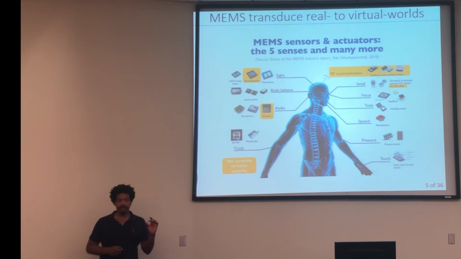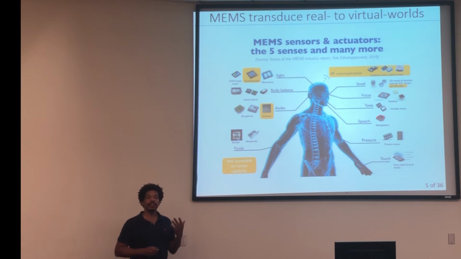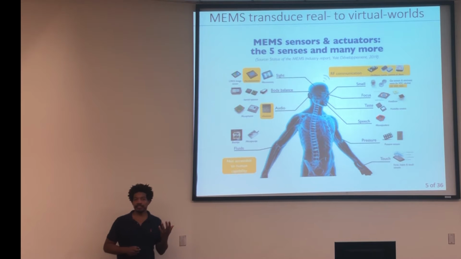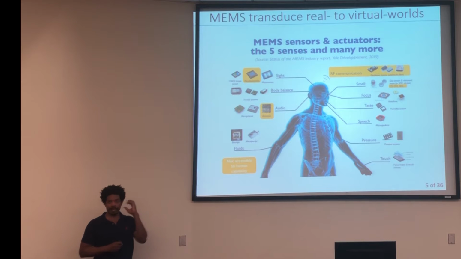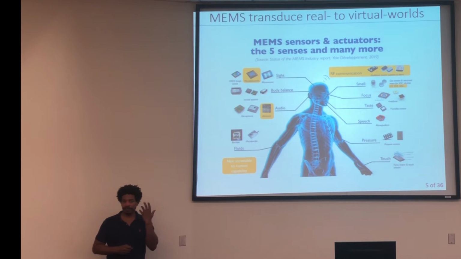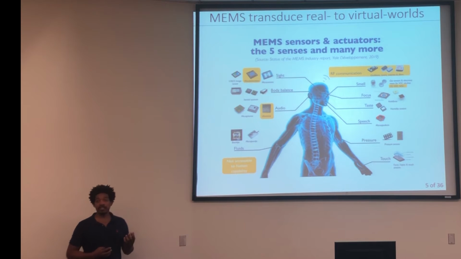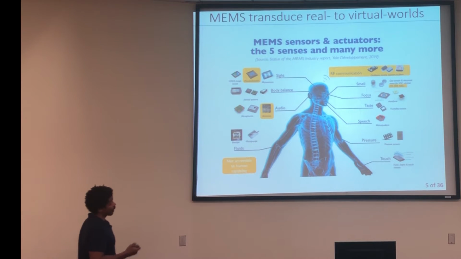But it's microscale, and it's also electromechanical. Our eyes are not just one sensor, they're millions of sensors. Our nose is not one sensor, it's millions. Our tongue, our ears, our skin, there are millions of little sensors. So we're comprised of millions and millions of biological MEMS devices in our body to enable us to have our five senses.